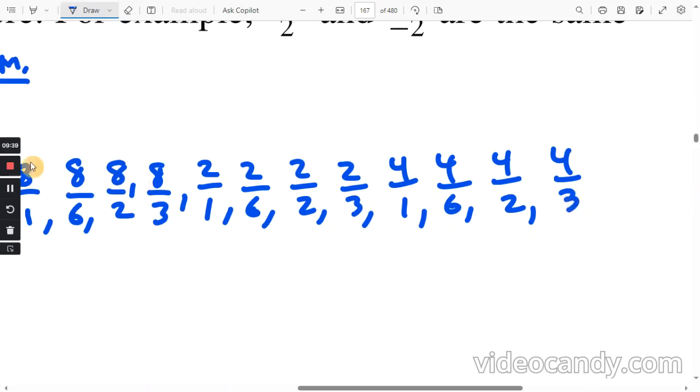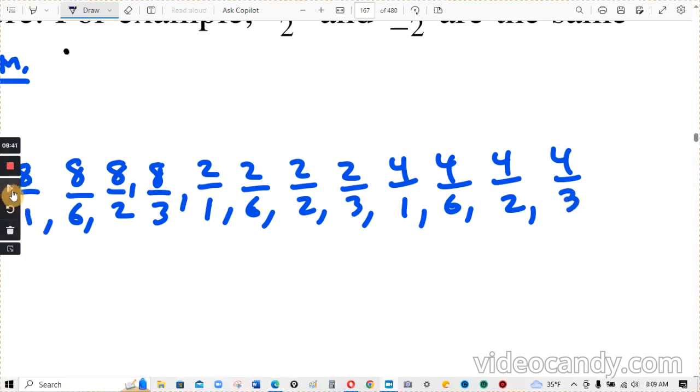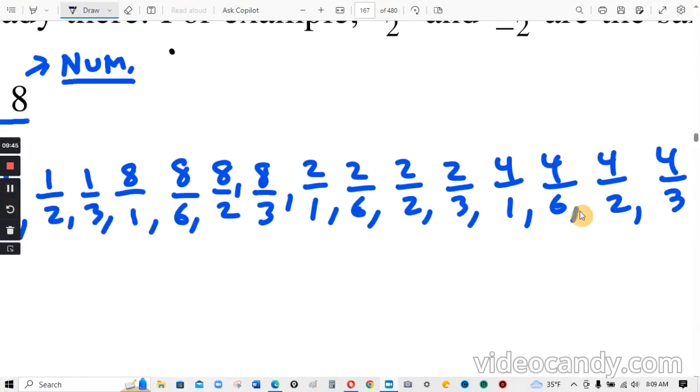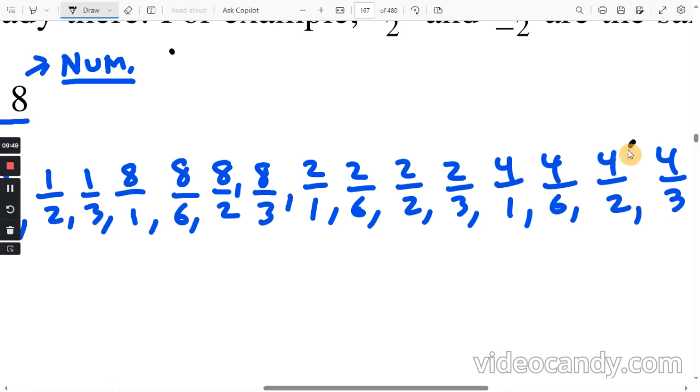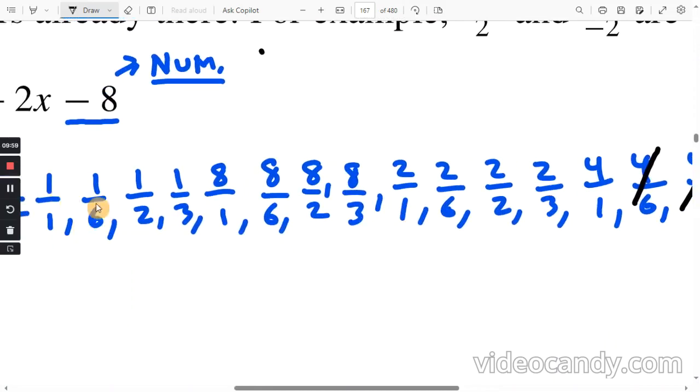All right, I think we can cross some of these out. Let's see. 4 over 3 we don't have. 4 over 2 is the same as 2 over 1, so that's gone. 4 over 6 is the same as 2/3. That's gone. 2 over 2 is the same as 1 over 1. That's gone.